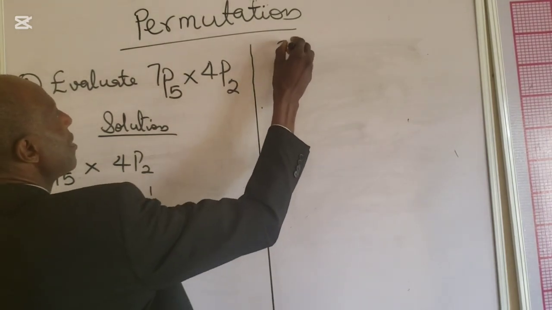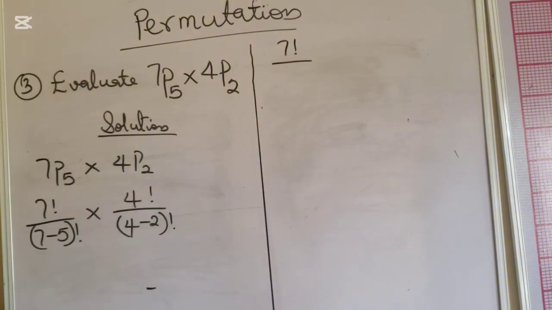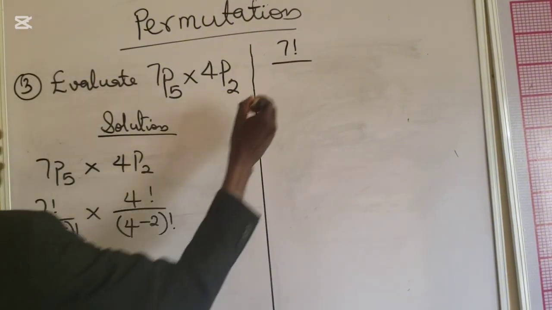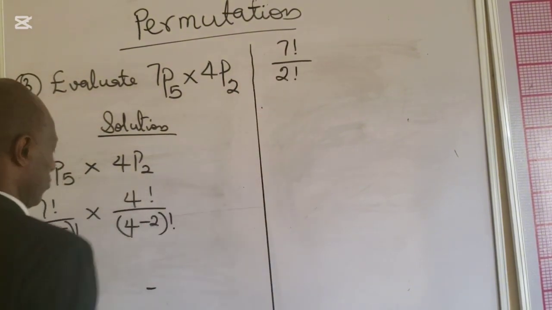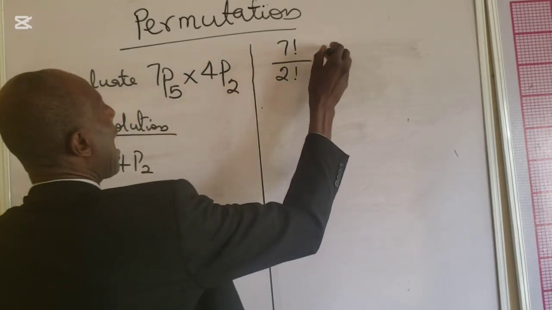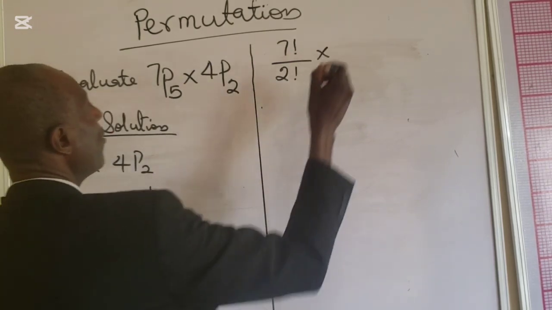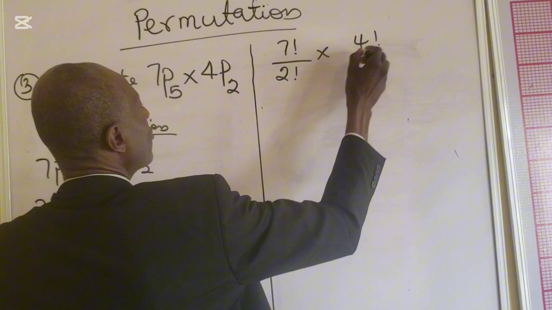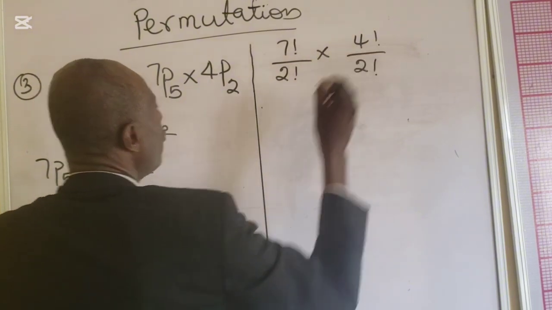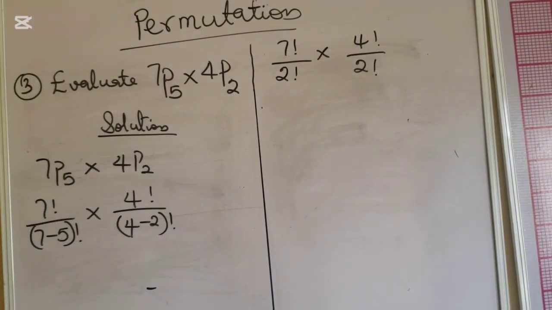So here will give us 7 factorial over 7 minus 5, which is 2 factorial, times 4 factorial over another 2 factorial, because 4 minus 2 is 2.